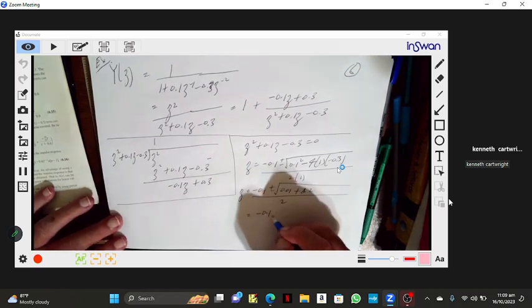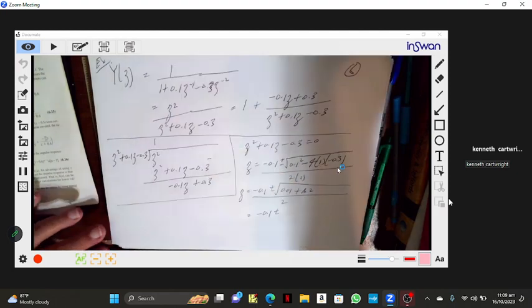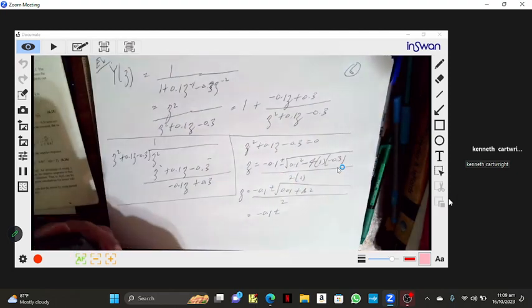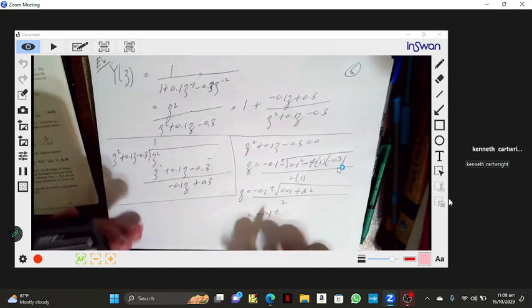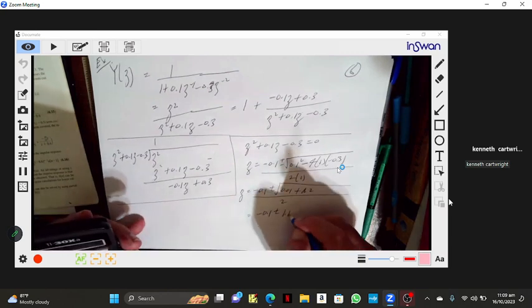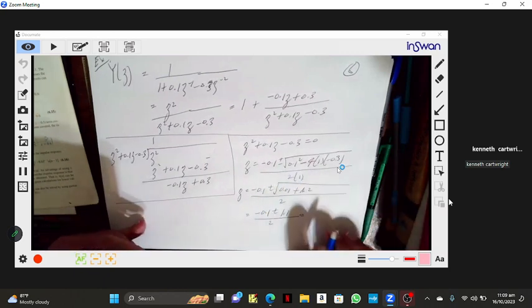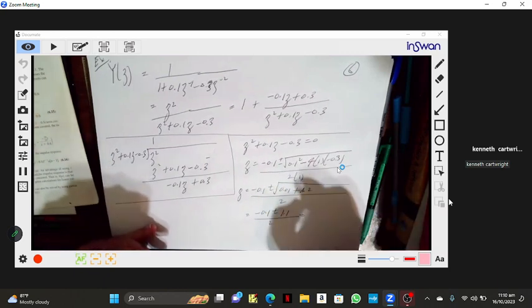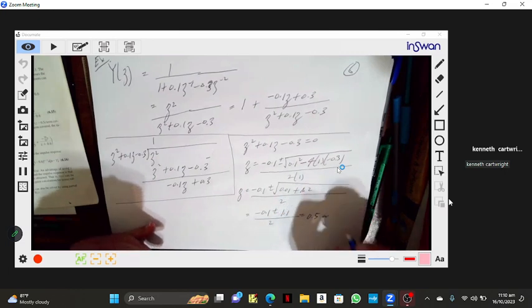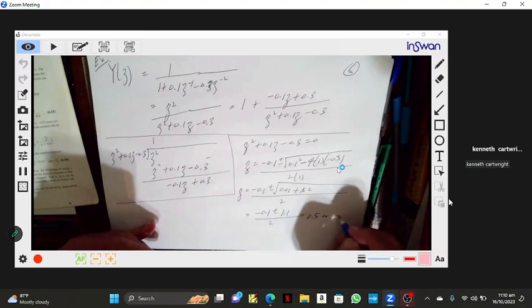This is negative 0.1 plus or minus the square root of 1.21, which is 1.1, over 2. This is 0.5 or negative 0.6.